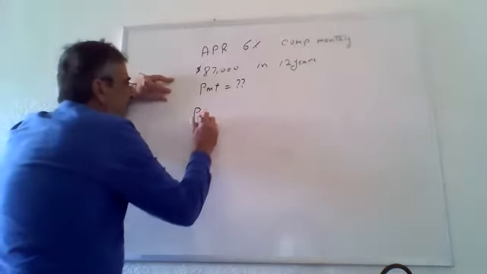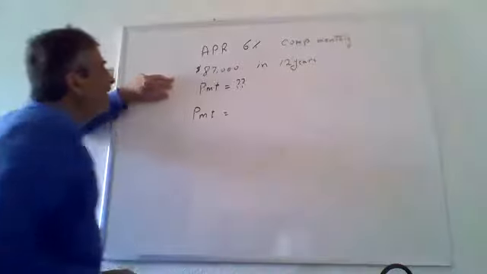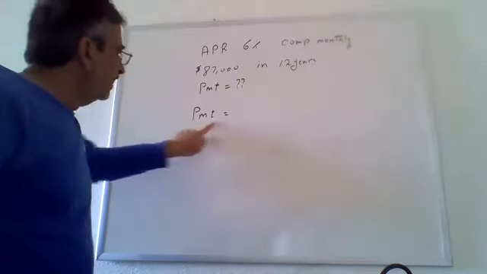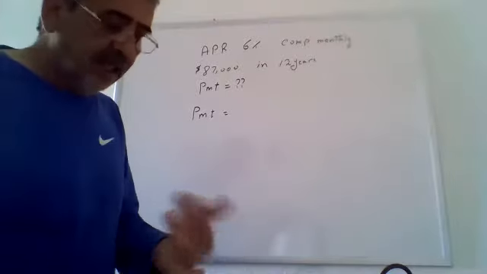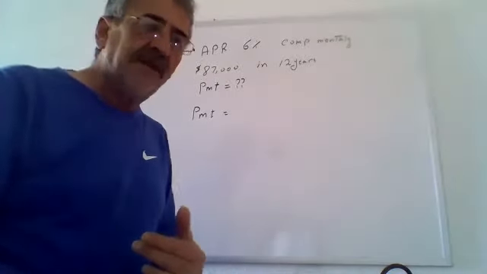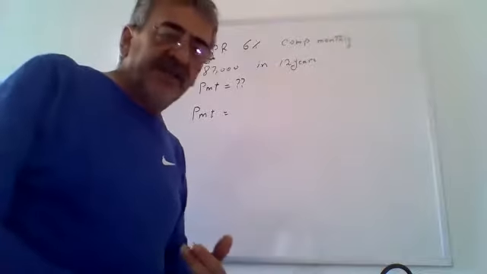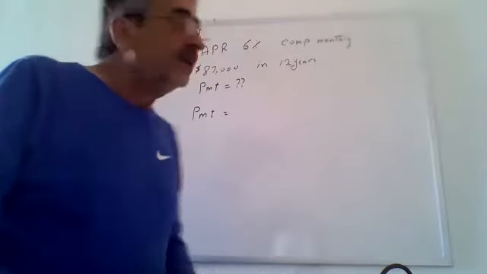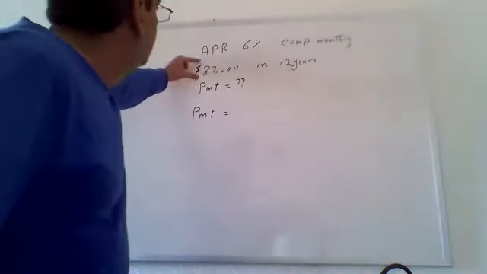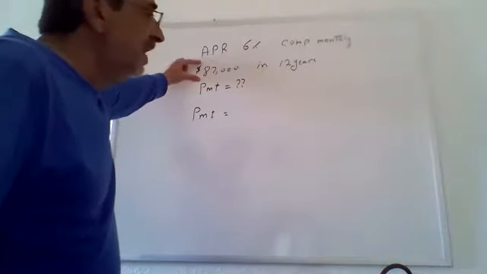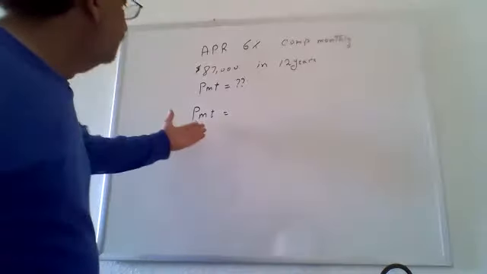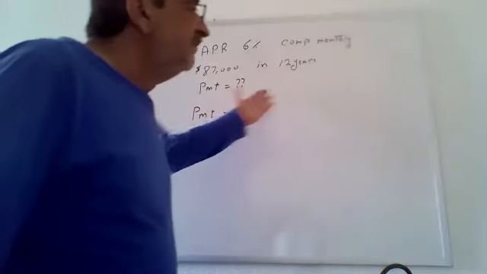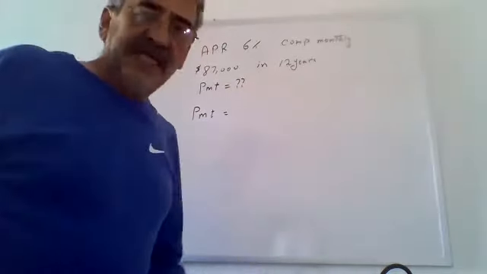The payment is equal to... Now notice, when you're finding a payment, you have two options. You have one that uses a present amount, and one that uses a future amount. In this case, we wanted the $87,000 to be in the future. So we have to use the one that says the future amount, the accumulated amount.